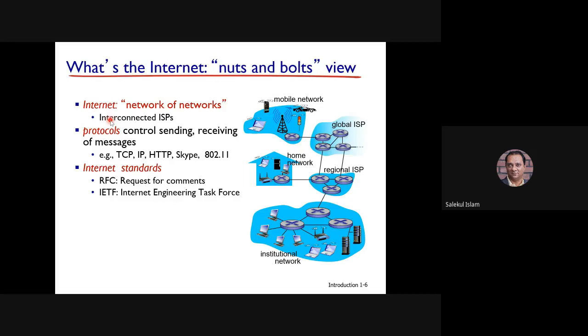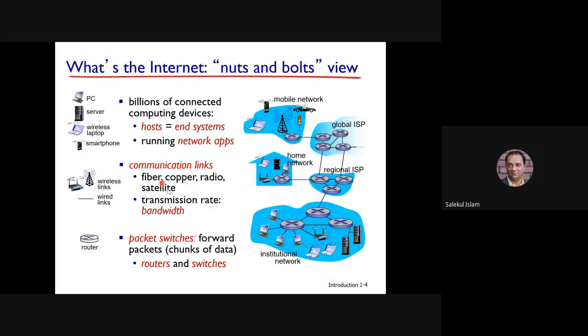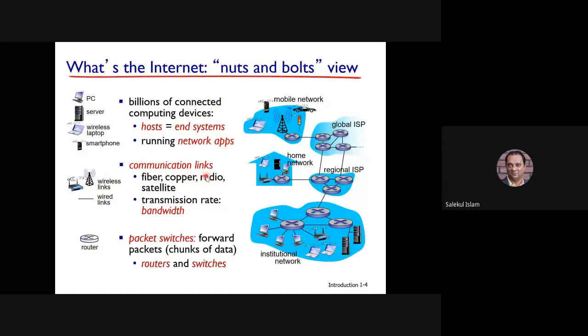So this is a totally distributed network, and all the ISPs, they have different administration, they have different owners, and they are using different types of, say for example, different types of communication links.